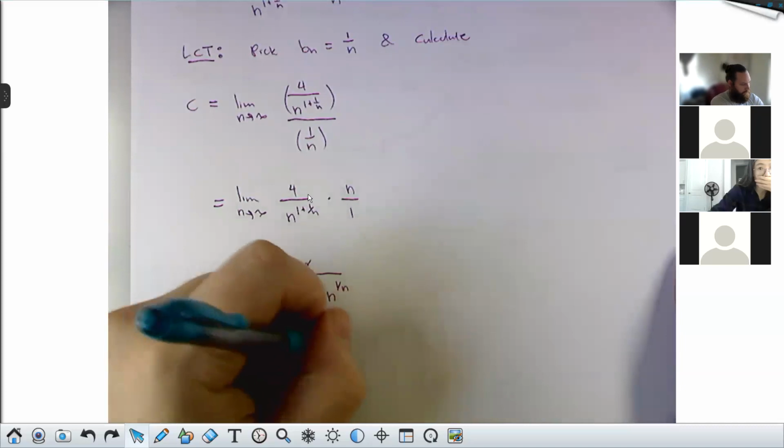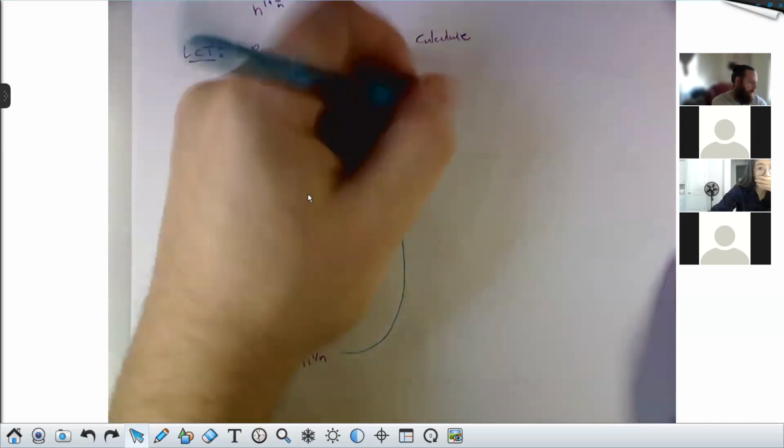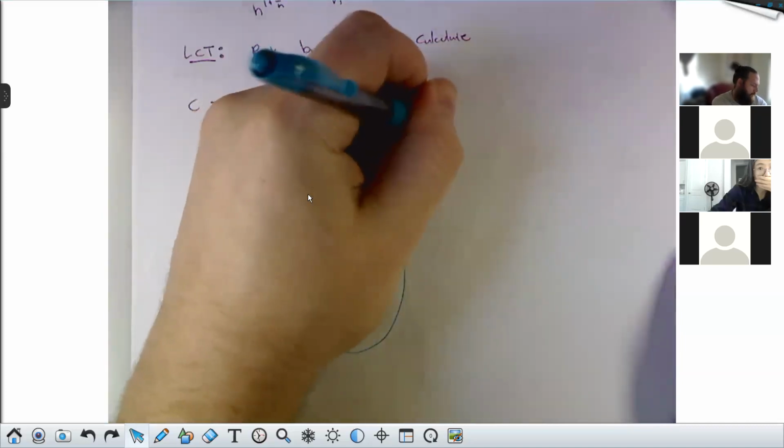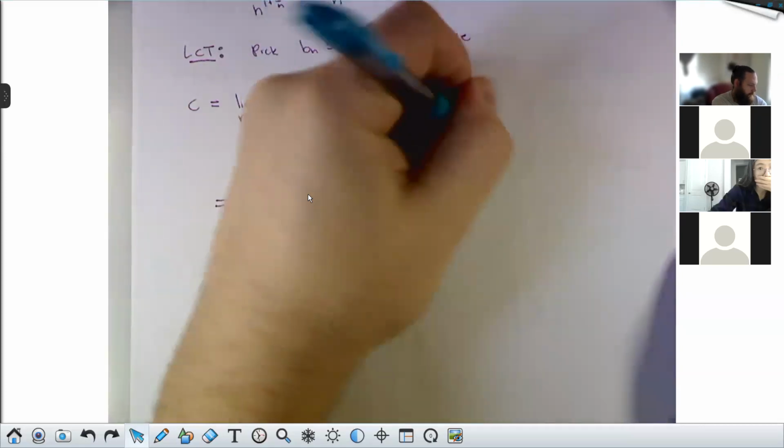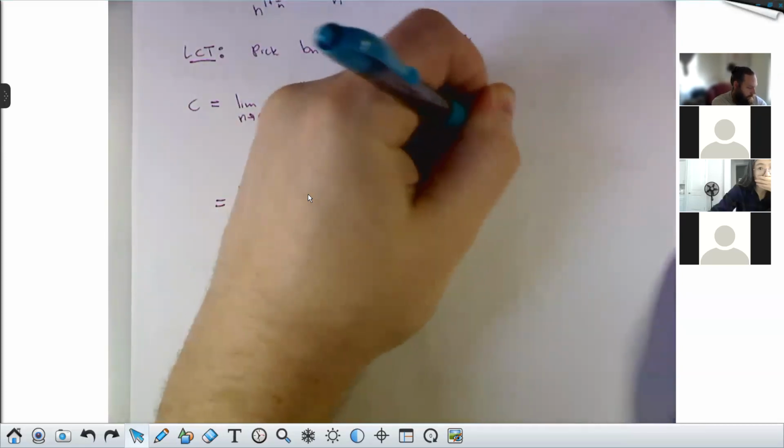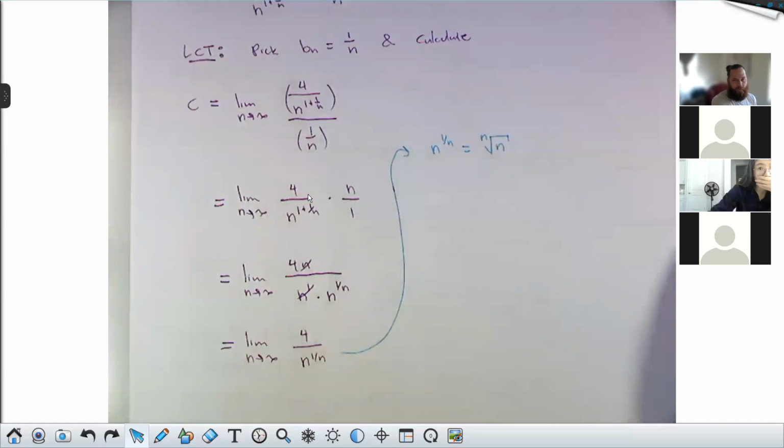So here's a little note. n to the 1 over n, that's the nth root of n. This is a tricky limit.